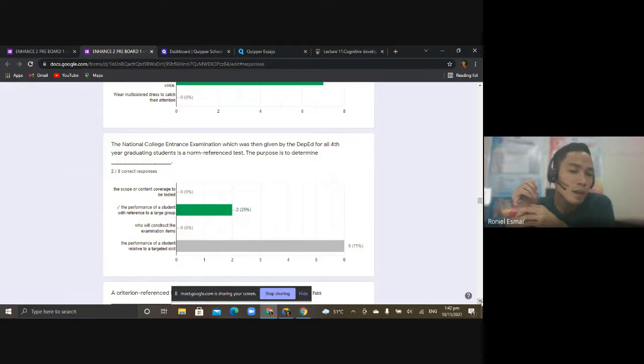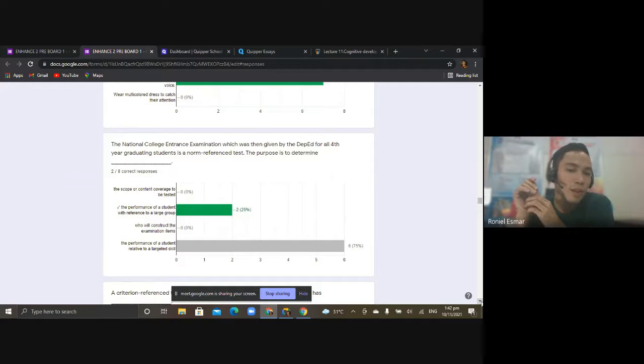with reference to a large group. All of the performances of the takers will be compared with each other. They will identify kinsa ang highest, and from the highest ilahang basihan for the other students nga possibility to pass the test.